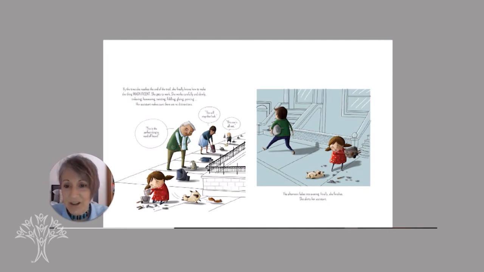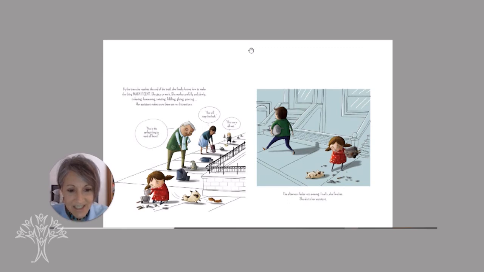She gets to work. She works carefully and slowly, tinkering, hammering, twisting, fiddling, gluing, painting. Her assistant makes sure there are no distractions. This character says, "This one's all wet." The lady says, "This will stop that leak." The gentleman says, "This is the perfect thing to ward off bears." The afternoon fades into evening.